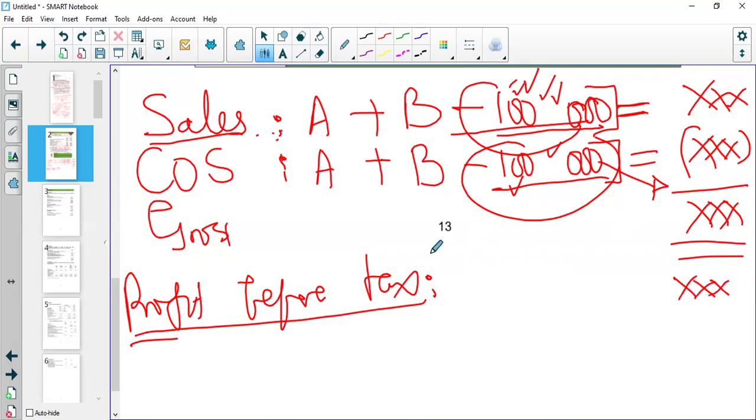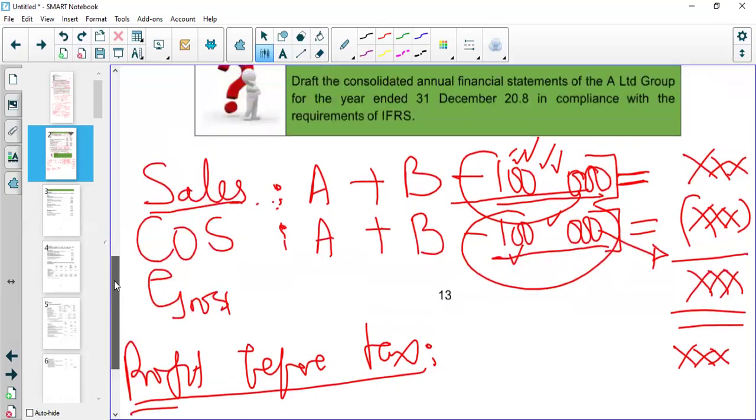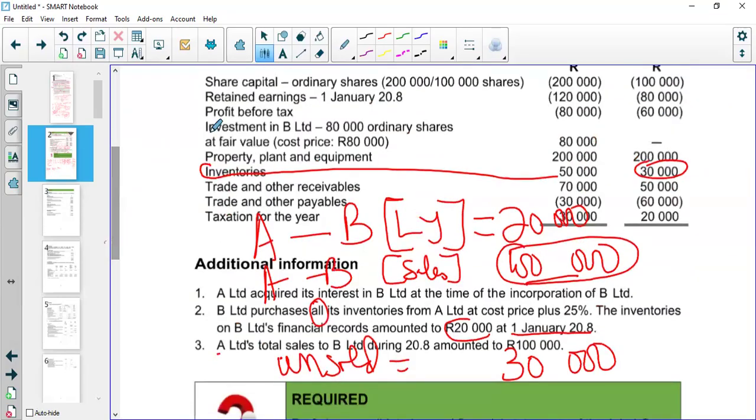So in this case, they gave us profit before tax. You don't have to say profit before tax 80 plus 60, and then subtract 100,000 and add 100,000, because the effect of the intragroup sales transaction is 0 on profit.